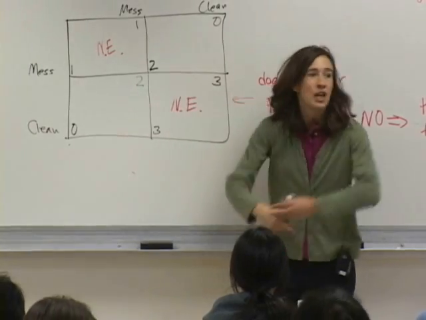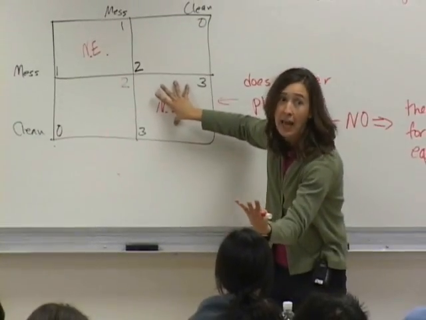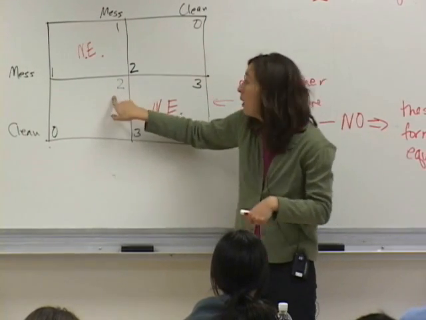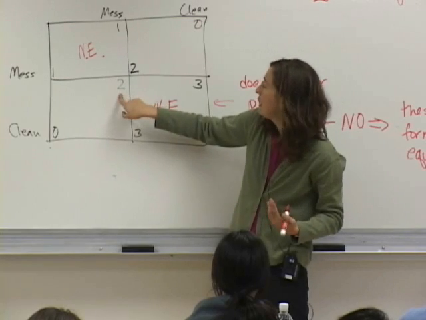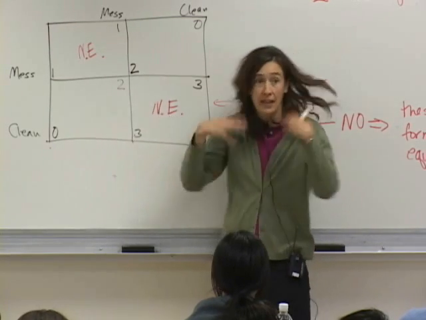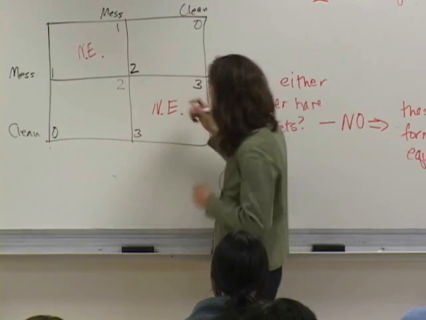Hey, followers, if everybody else is participating in this good thing happening, you want to be there too. You want the 3. If you're the one who stays home and does what seems to be the thing in your own self-interest, you're going to be sorry. Okay, that kind of communication is really, really helpful.